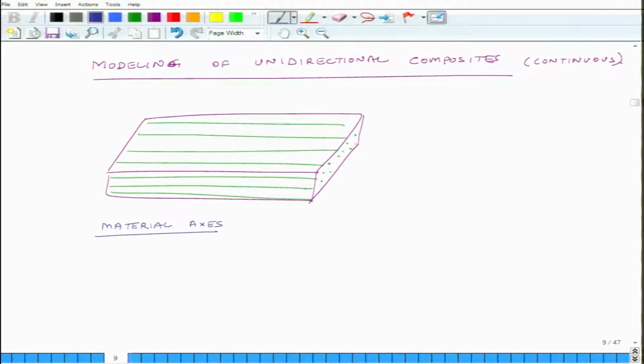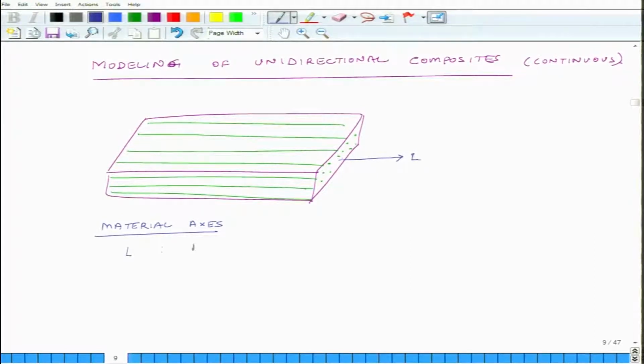So, what are the material axes? The first material axis is the length direction, or the L direction. So, let us look at it. This is called L direction, sigma L. So, this is one axis, L direction. And what does L correspond to?